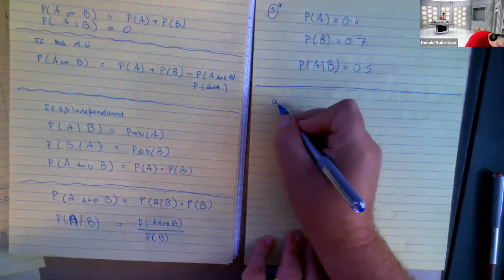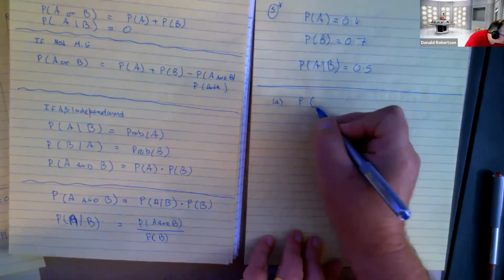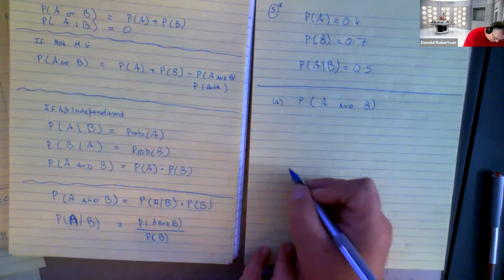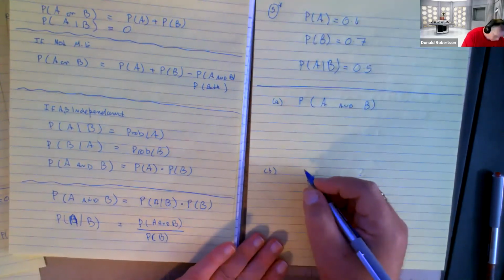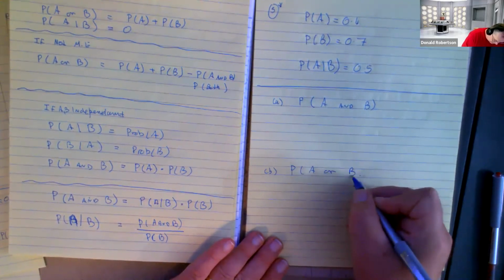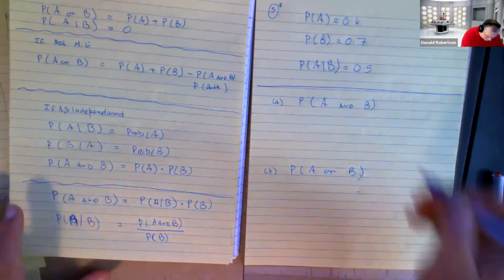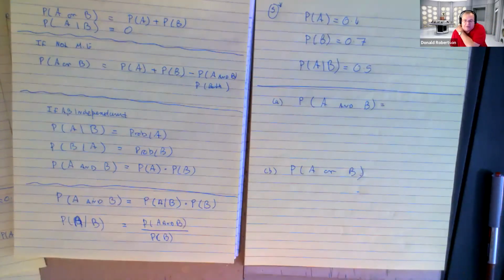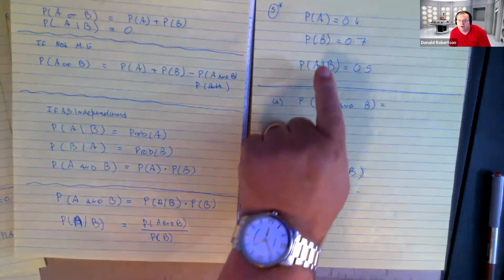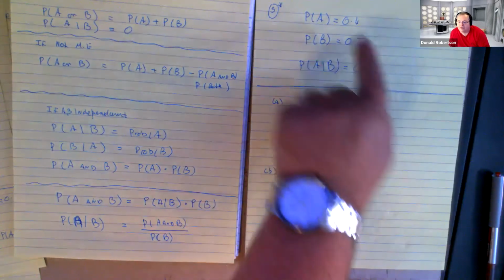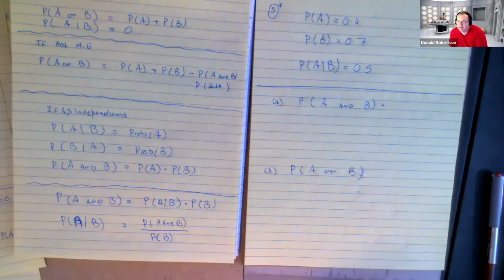And we're being asked in question A to get the probability of A and B. And then in question B, we're asked to find the probability of A or B. Right. You don't know if it's independent or not, but you can do a quick check. Are these two events A and B independent?